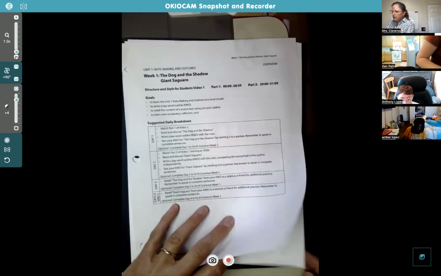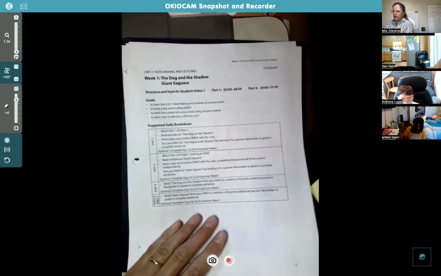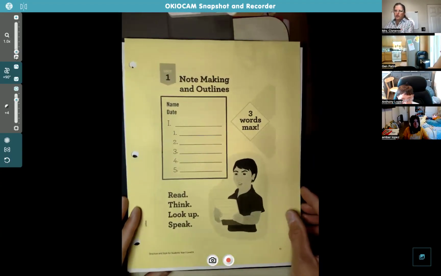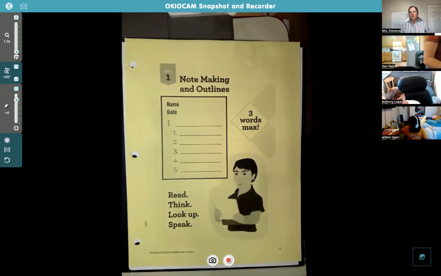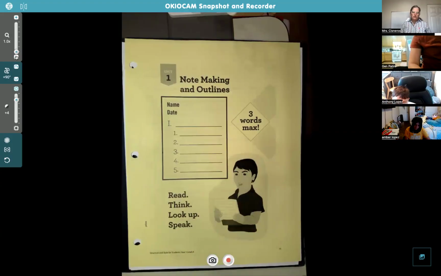The first page we're going to talk about today is the yellow page. So go ahead and put the yellow page on top so you can look at that with me. Okay, so we're starting unit 1. It says note making and outlines.